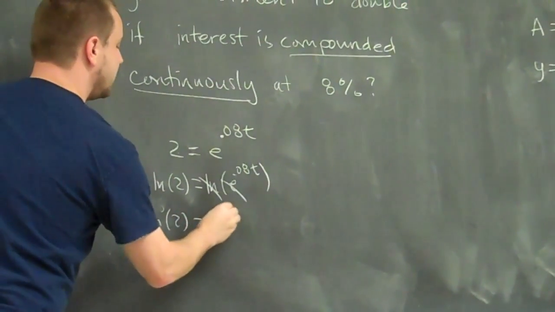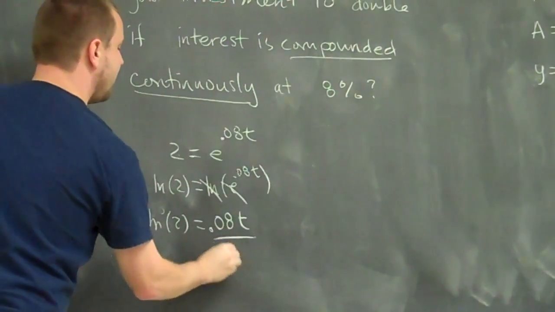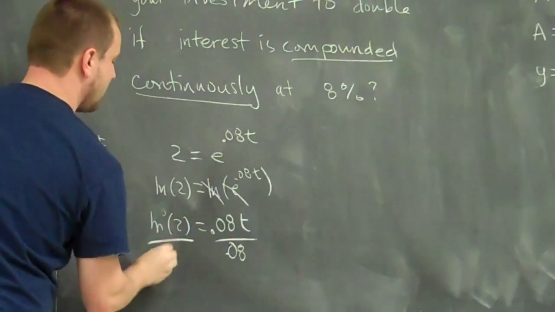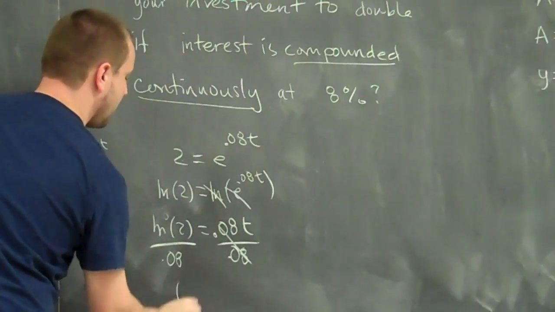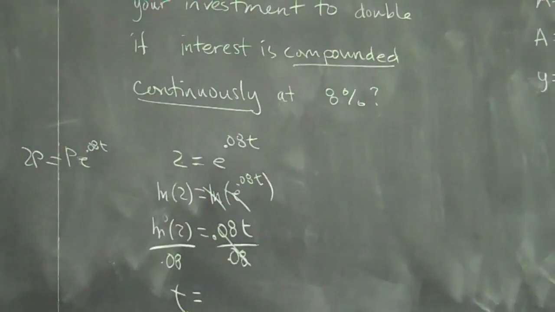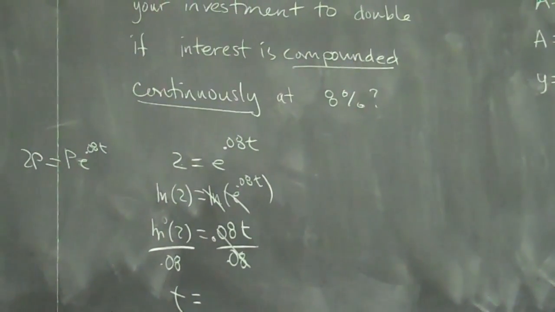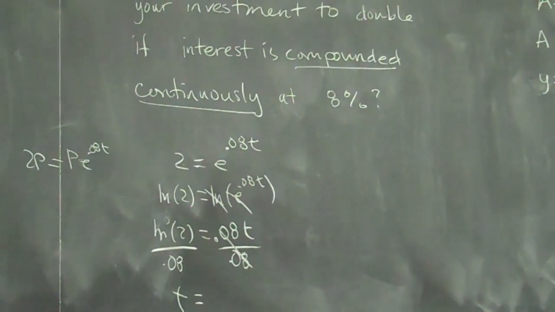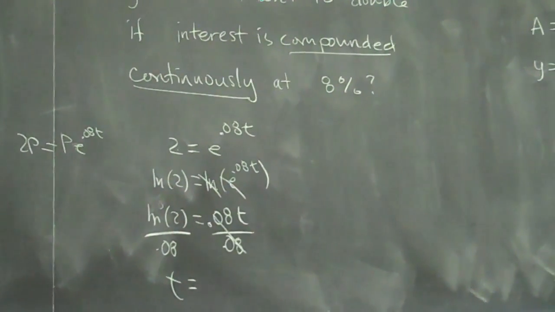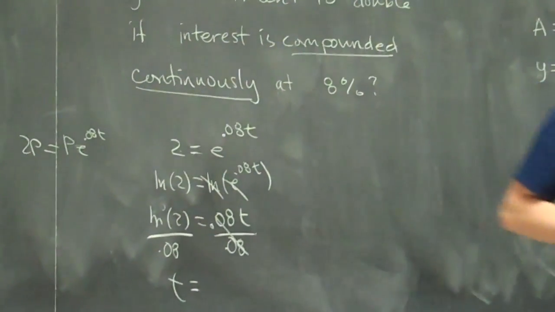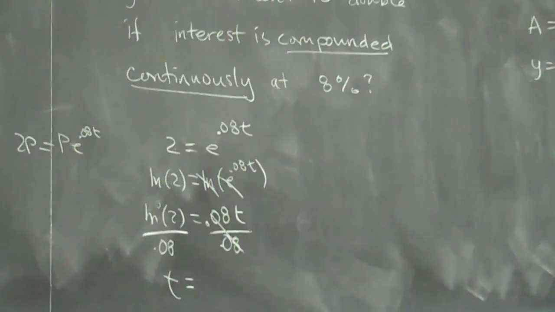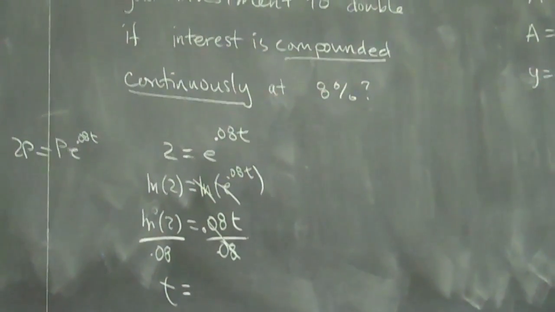So the natural log of 2 equals 0.08 t, divided by 0.08. What's our time probably measured in?